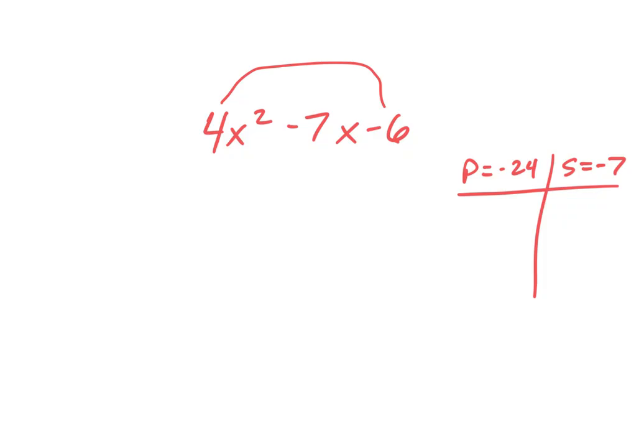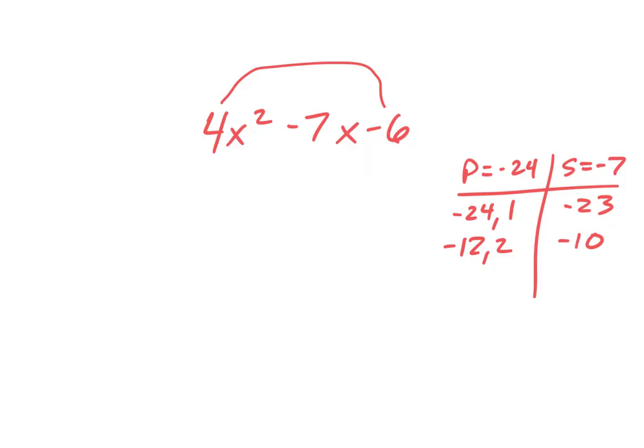I have a sum that's negative, so I have more negatives than positives. Negative 24 and positive 1 becomes negative 23. Then I'm going to try 2. Negative 12 and 2 makes negative 10.